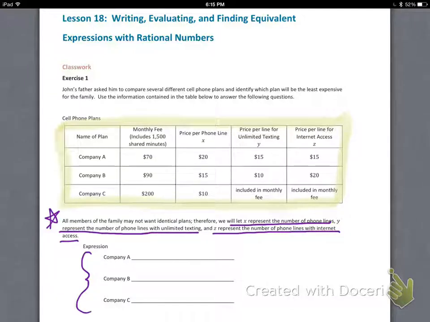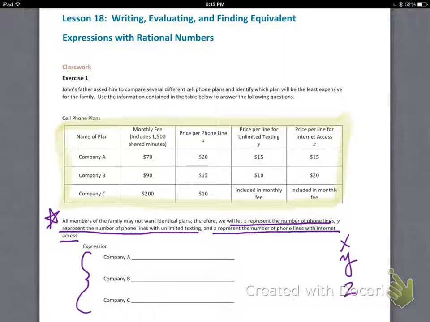Because we don't know how many of the family members want such and such plan, for example, want a phone line, want unlimited texting, or want internet access. So we have X, Y, and Z to stand for those numbers. Those are our unknowns.